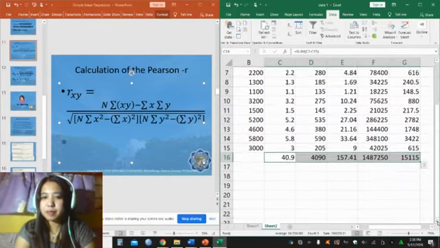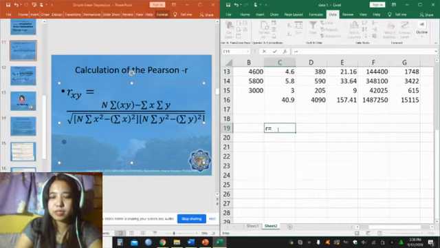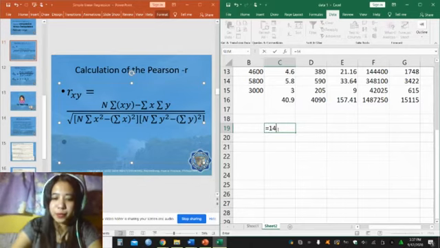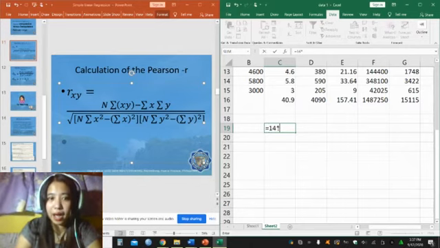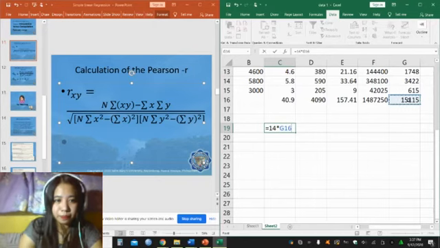And then next, let's compute for r. So this is equal to n, which is 14, multiplied by the summation of XY.